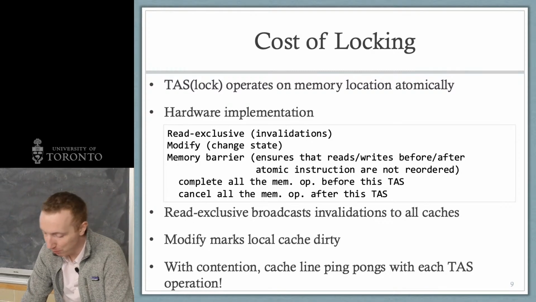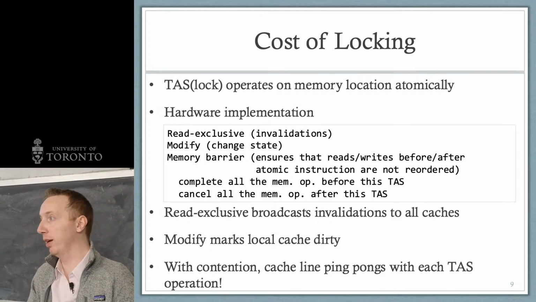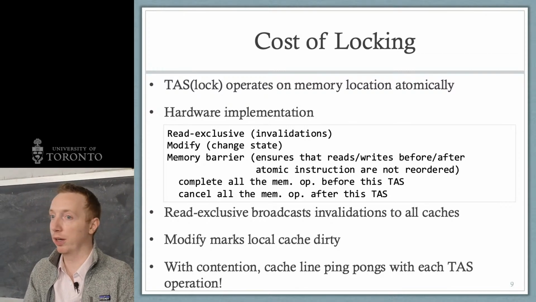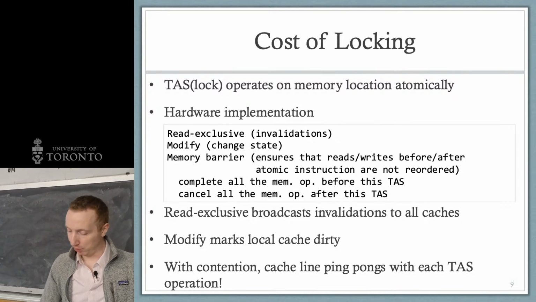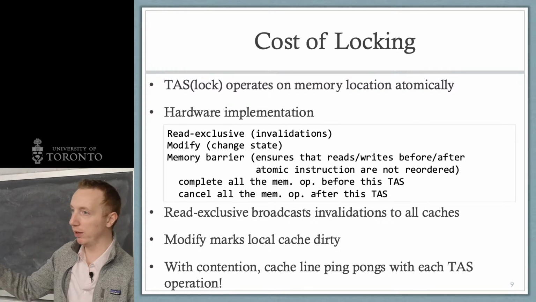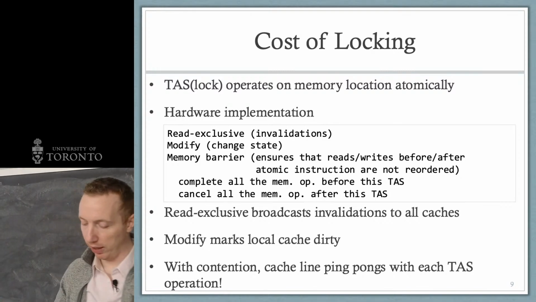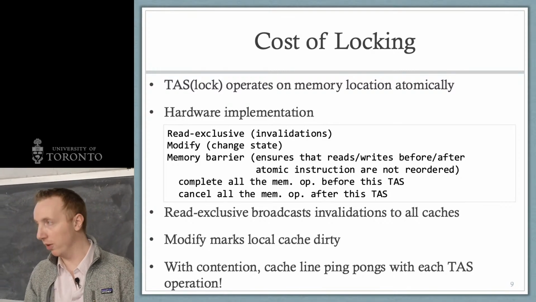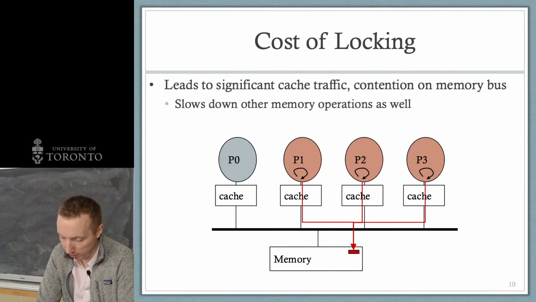So if I have multiple threads all fighting for this mutex, all doing that test and set over and over again, that's the same memory location. I am actually going to trounce my performance because it's going to ping pong between all of them. It's going to invalidate all the other cores' cache lines, and they're all going to invalidate all the other cores' cache lines, and it's going to be really, really terrible for performance.